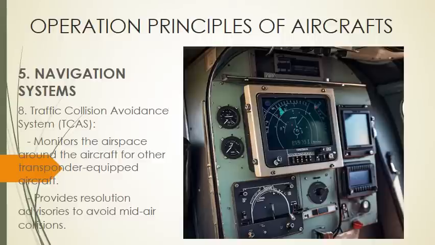And how does it do this? By monitoring the airspace, the space around the aircraft, for other transponder-equipped aircraft, in order to detect if other aircraft or other aerial vehicles are approaching. It also provides resolution advisories to avoid mid-air collision. That's it for the Traffic Collision Avoidance System, TCAS.